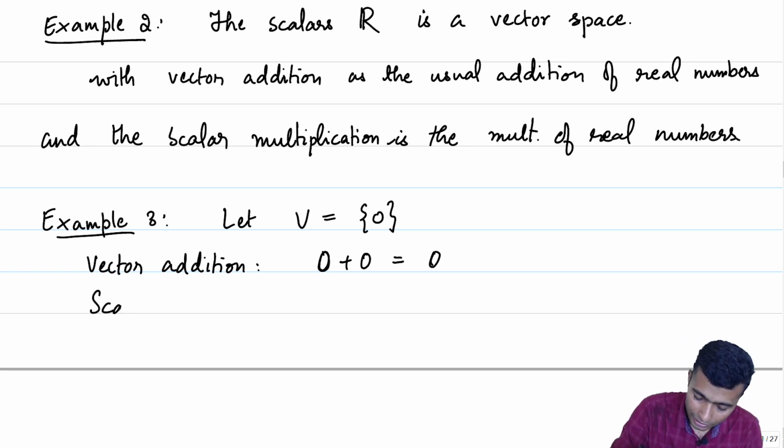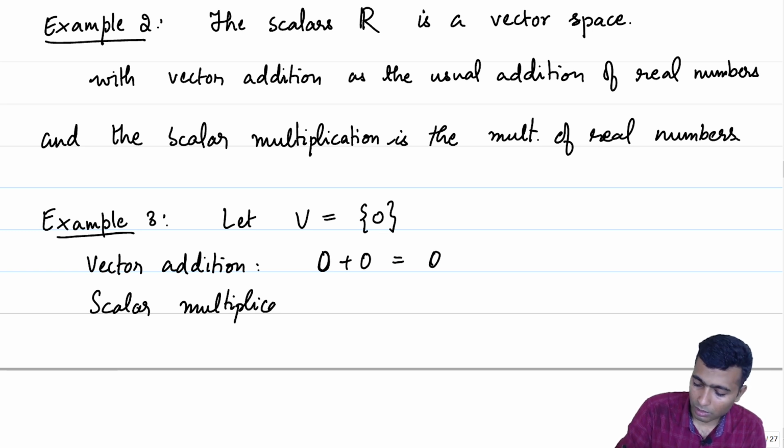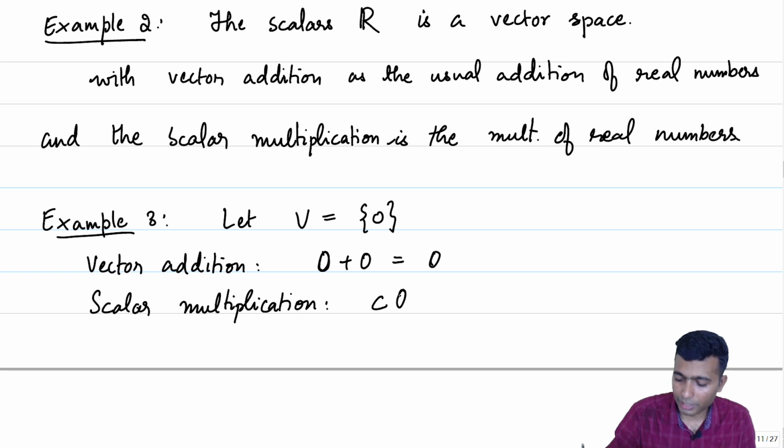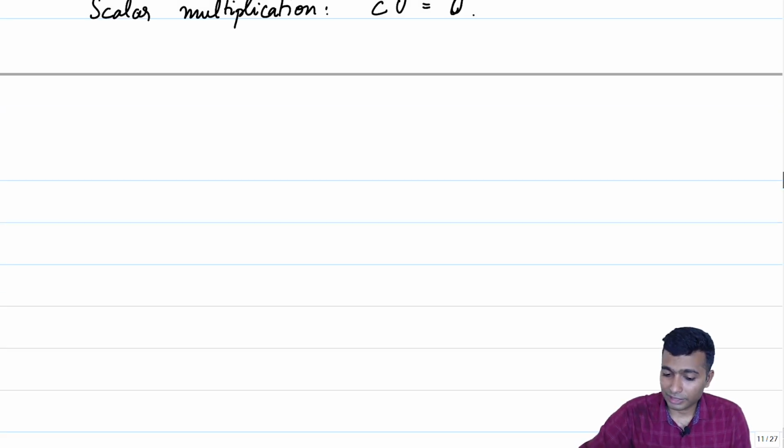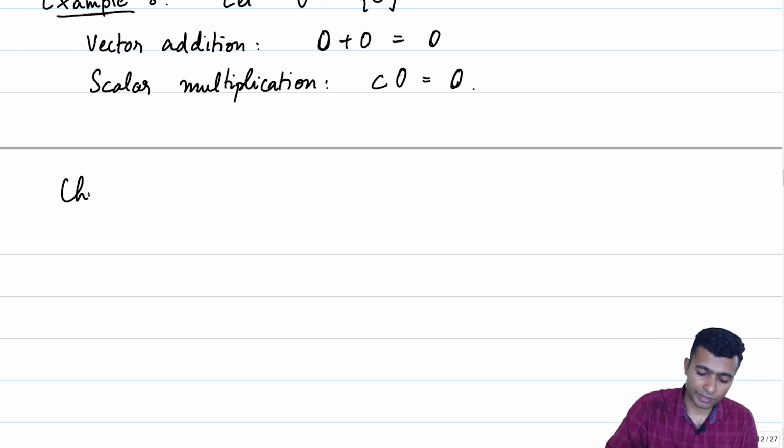And scalar multiplication. You take any scalar C and multiply it by the only element in V, it has to necessarily give you back the only element. Check that all the properties are satisfied.